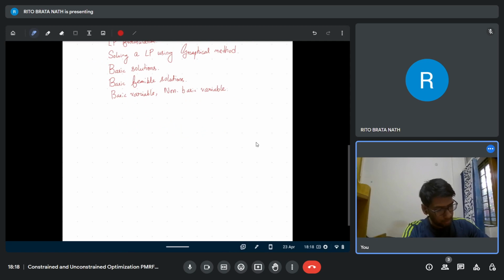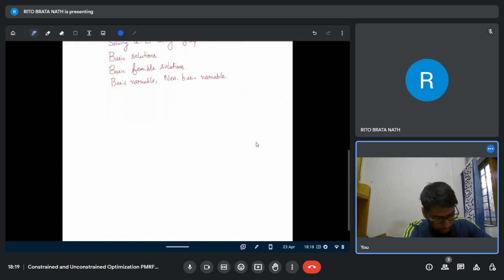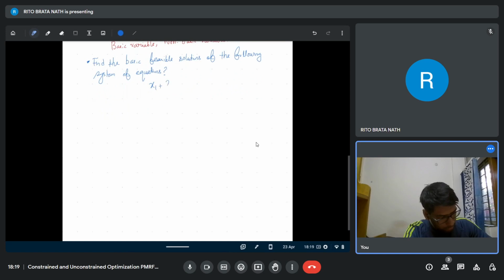Just one illustration: find the basic feasible solutions of the following system of equations.